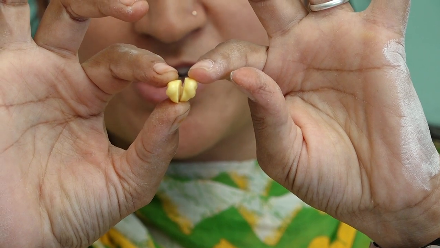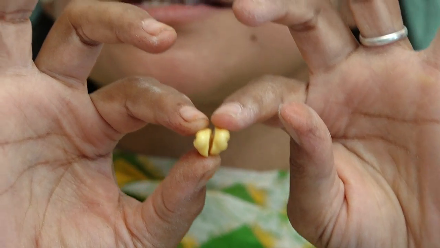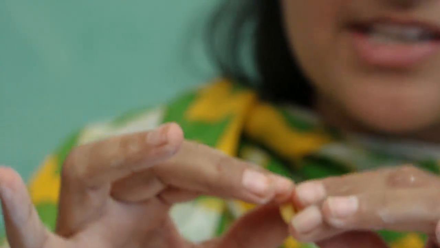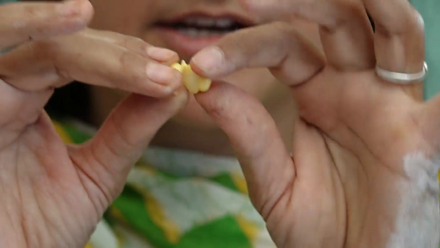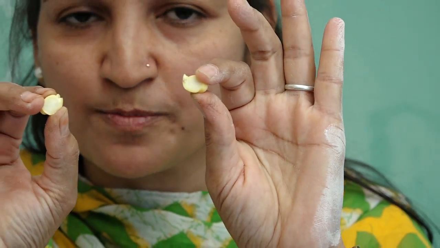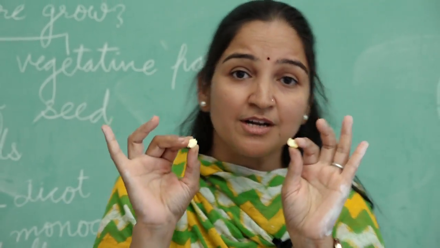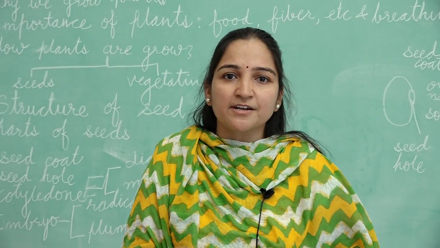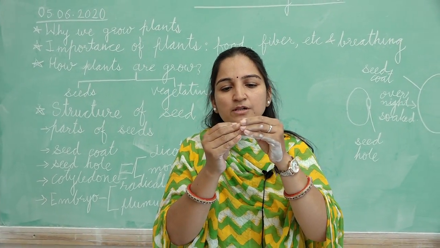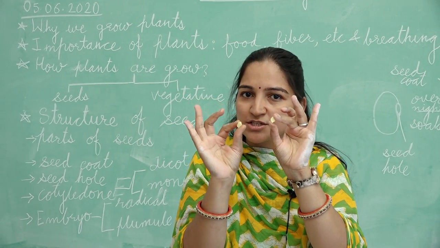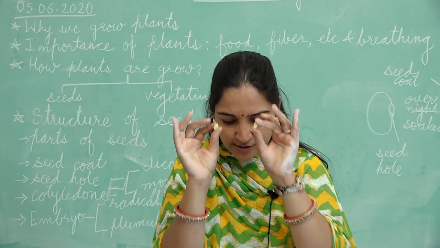The leaf-like structure in the seeds is known as the cotyledons. In grams, the cotyledons are divided into two parts. That is why it is called dicotyledon. That means the seed leaves are divided into two equal portions. This is known as a dicotyledon seed.